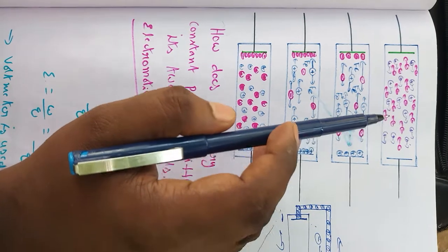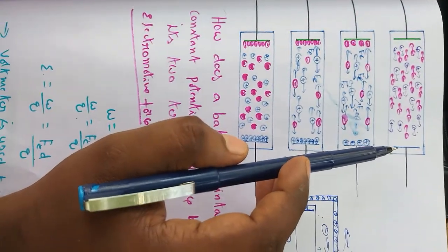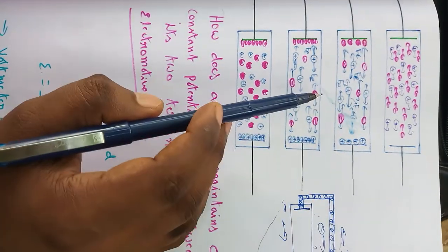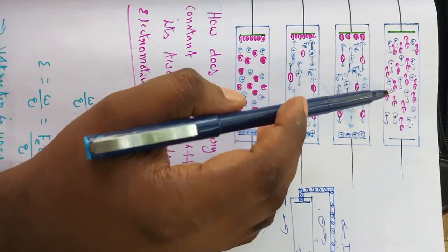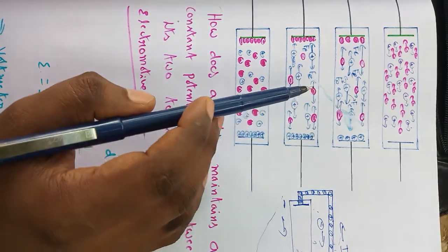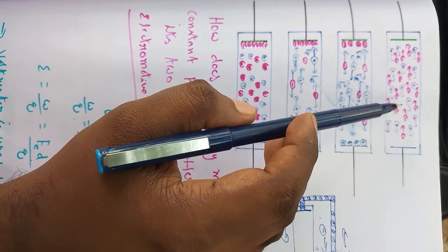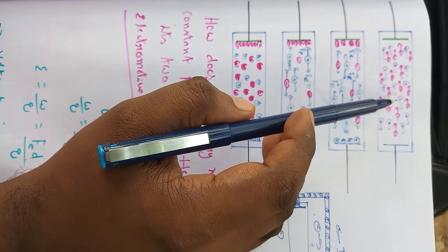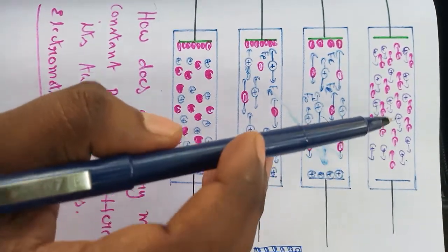A battery consists of two metallic plates called electrodes, and a chemical called the electrolyte. Here the electrolyte, that means the chemical, consists of charges, that is ions: positive charge ions and negative charge ions.